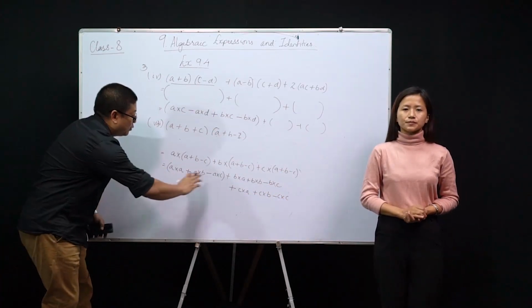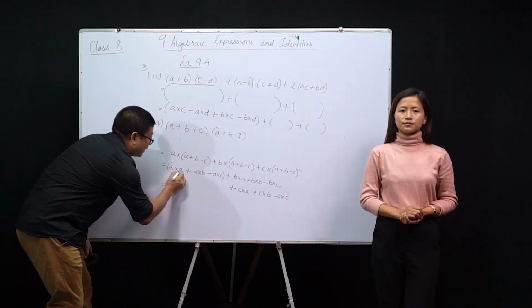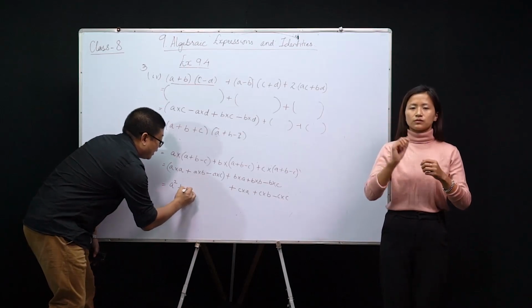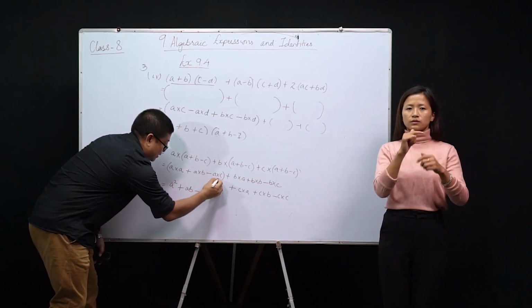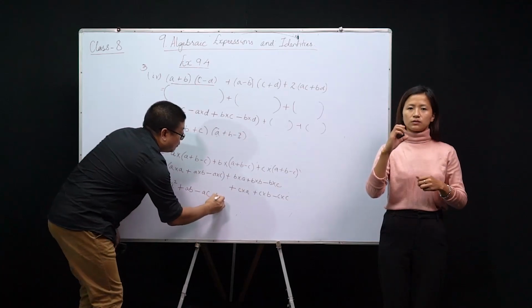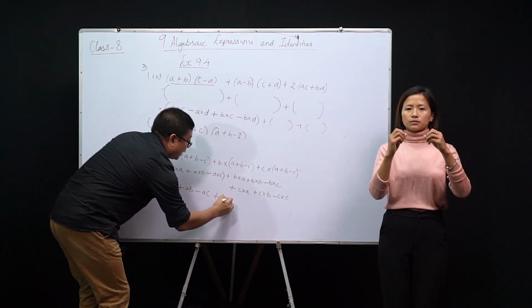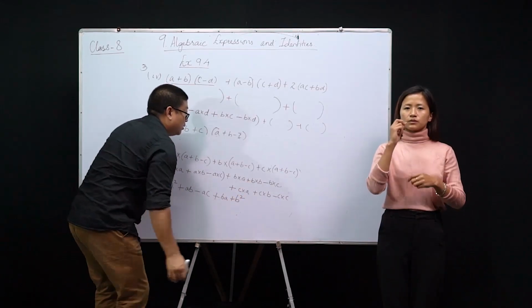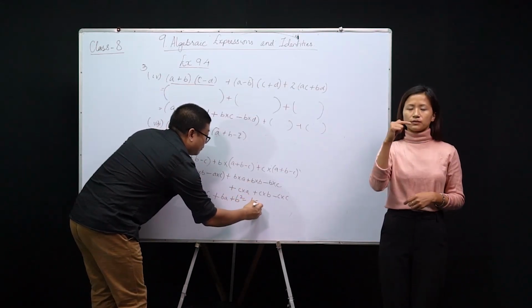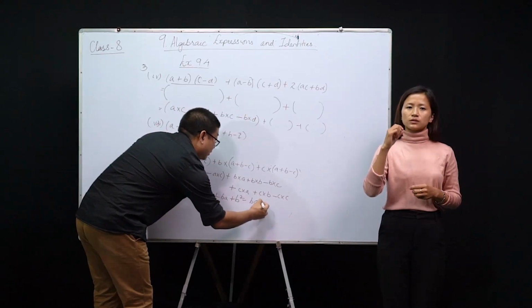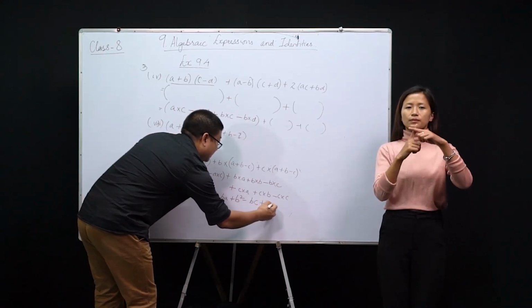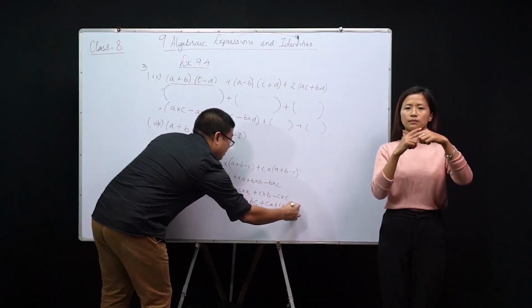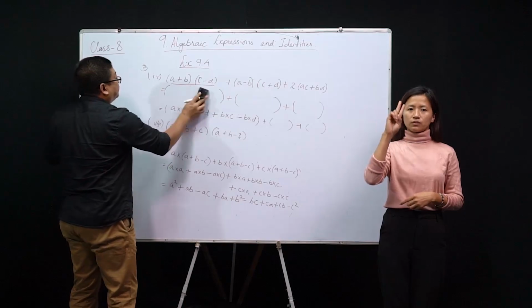So when you solve them, you get 2 A's means A to the power 2, plus AB minus AC plus B into A is BA plus 2 B's means B to the power 2 minus B into C is BC plus CA plus CB minus C square, C to the power 2.